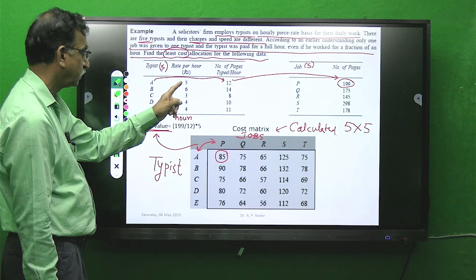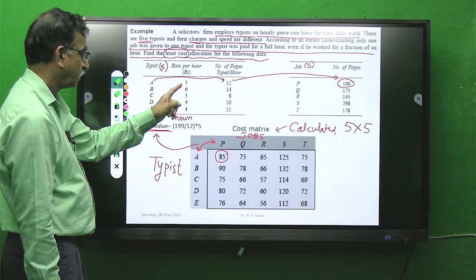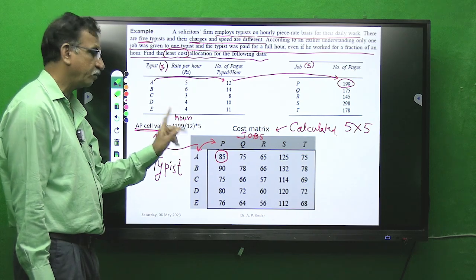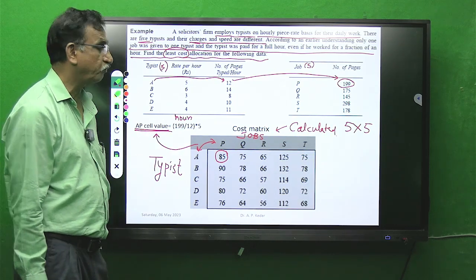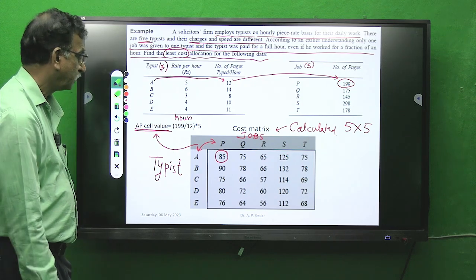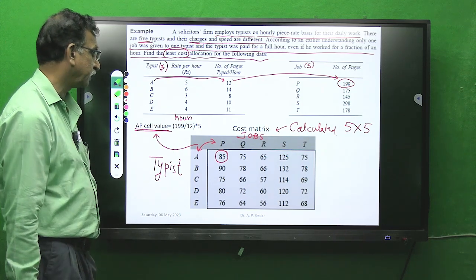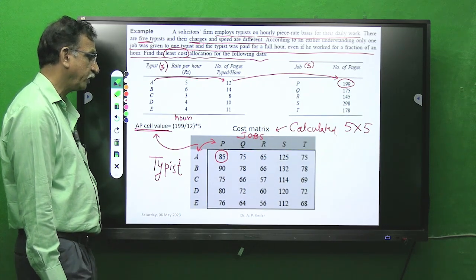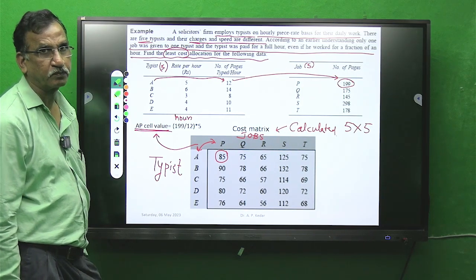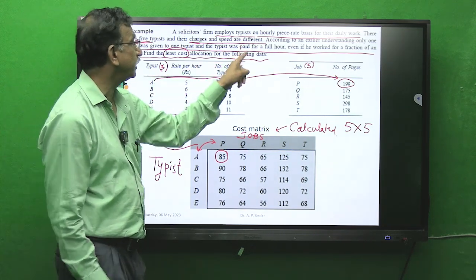Now here, if you divide this 199 by 12, you will get a fraction, and it will come to something like 16 point some fraction value, which is to be rounded.